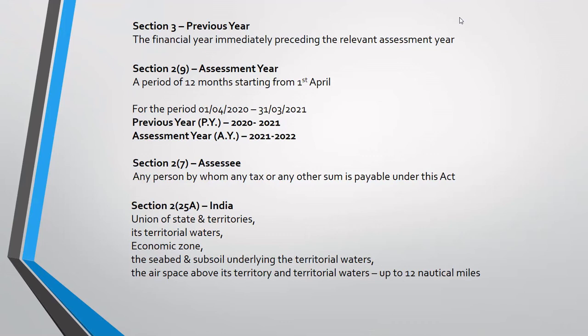But as per Article 1 of the Constitution of India, India is a union of states and territories, its territorial waters, economic zone, the seabed and subsoil underlying the territorial waters, and the airspace above its territory and territorial waters up to 12 nautical miles. You should know the definition of India as per the Income Tax Act.